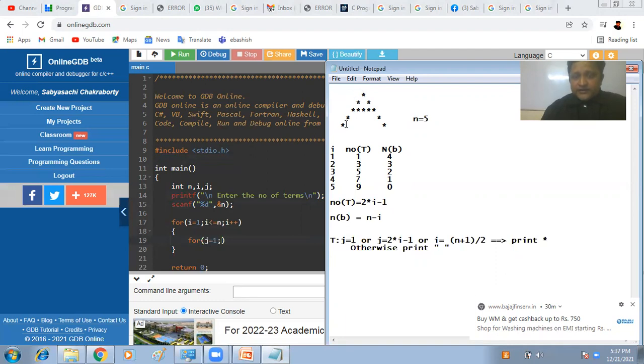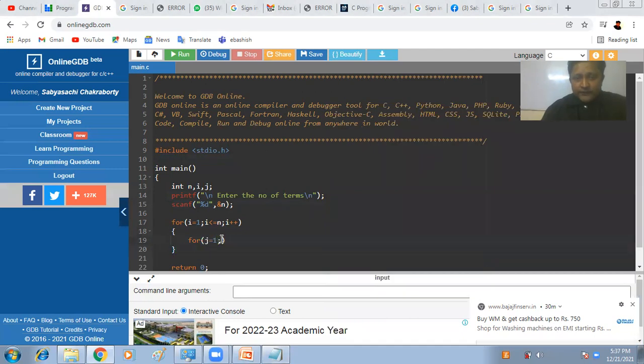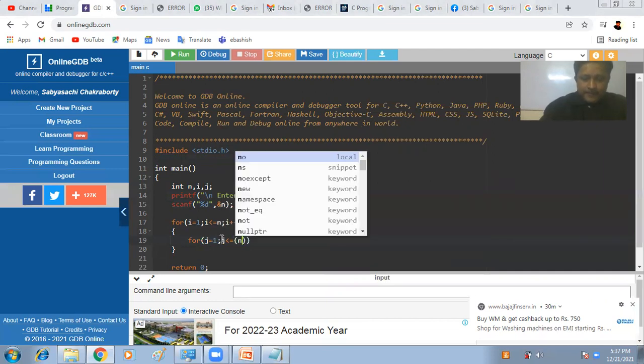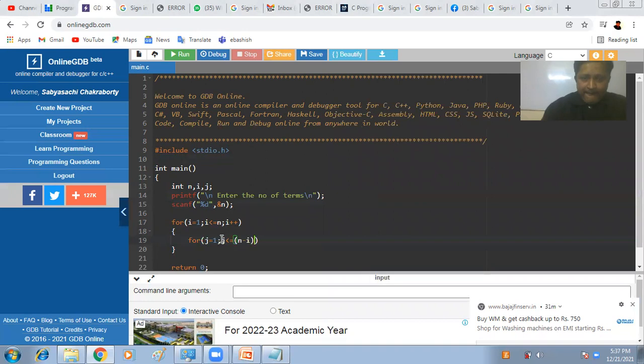Before this structure, where we have this A, there will be blanks printed. Otherwise, we can't get the structure of the pyramid. So first of all, blanks will be printed. For blanks, we have n minus I. The J loop will start from 1, the column counter for printing the blanks: J less than or equal to n minus I, J plus plus.